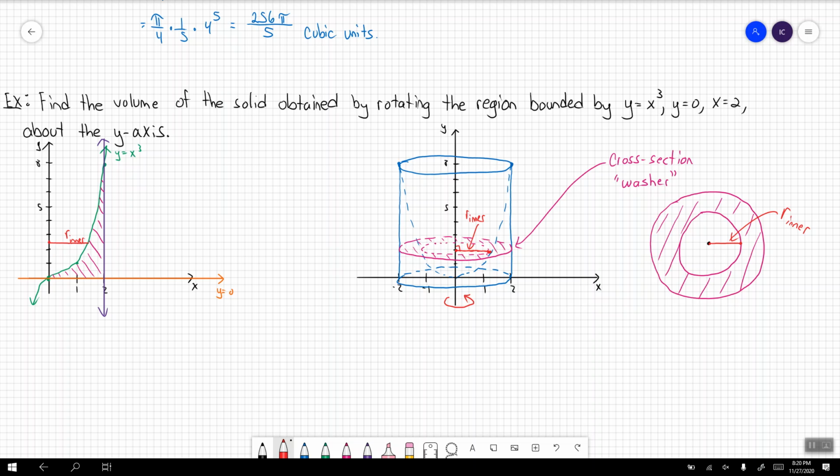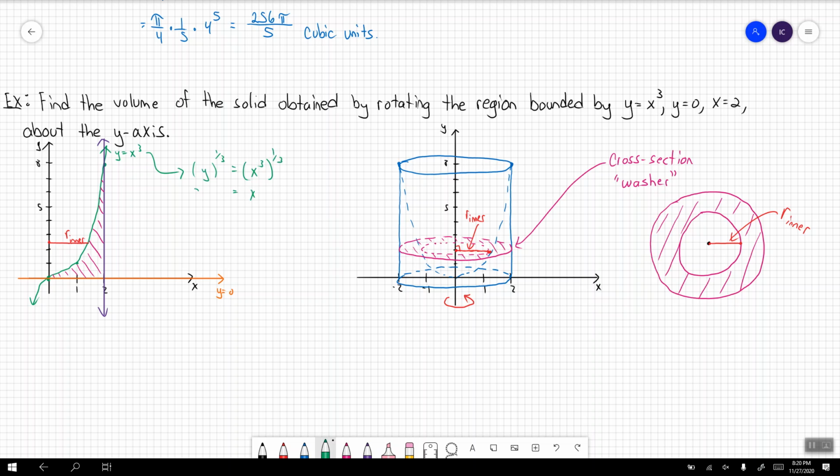So I need to solve for x for that green function. x cubed is equal to y, so I'm going to solve for x by taking the cube root of both sides.